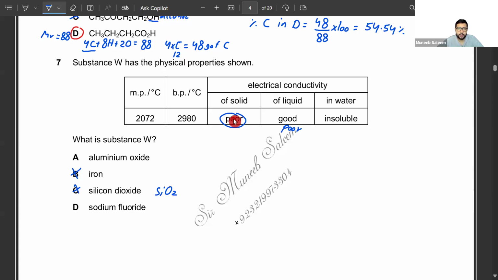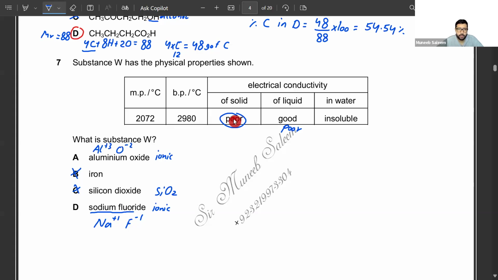Both are ionic compounds. But if you remember the solubility, then you should remember sodium fluoride has Na+ bonded with the F-, fluoride. On the other hand, aluminum is Al3+, which is bonded with the oxide O2-.